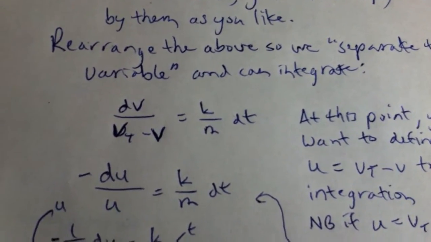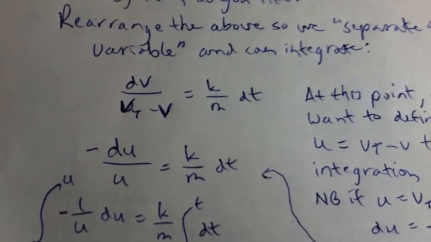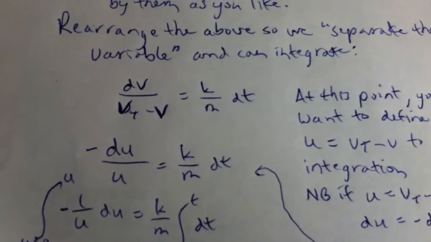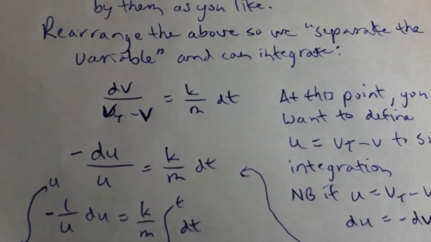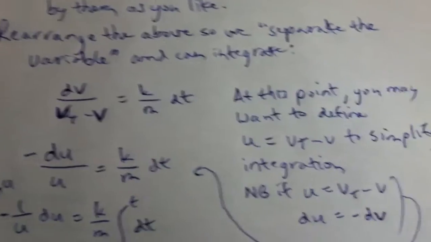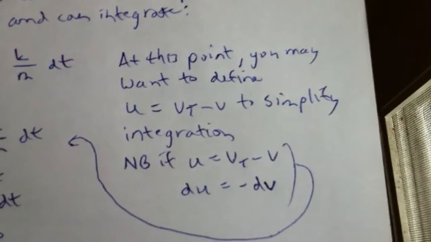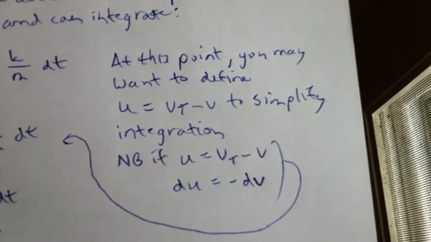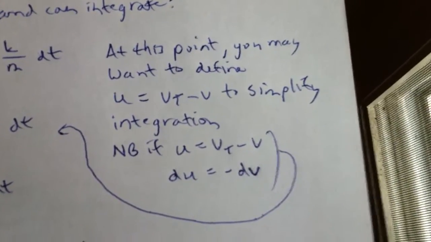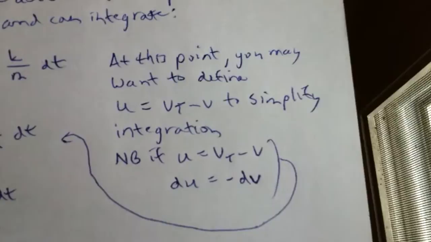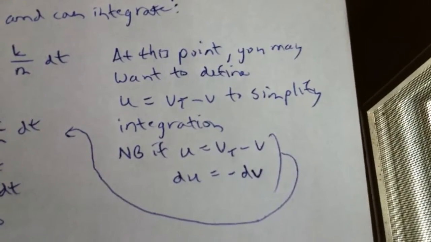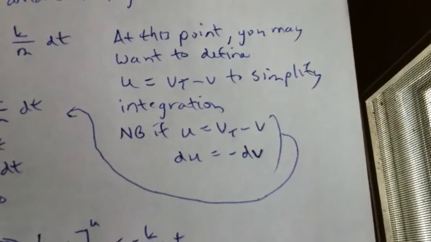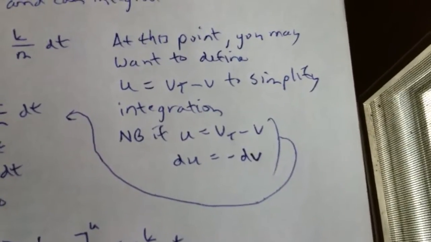Now, we can integrate both sides, but before we integrate both sides, let's take that vt minus v and simplify it and call that expression u. We have a new expression u which equals vt minus v. And as we usually do when we do a u substitution, we not only define u, but we find out what du is.